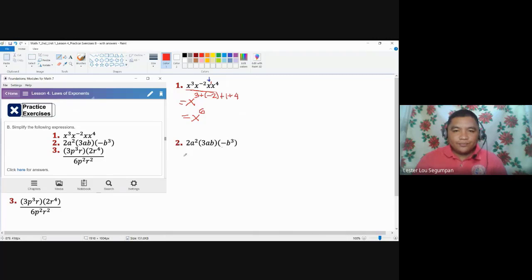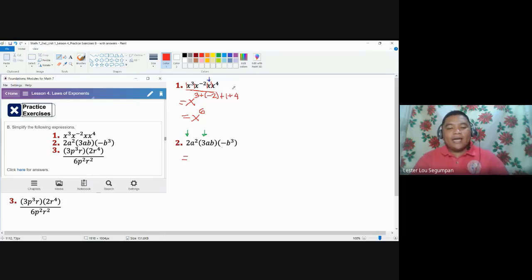In number 2, we have also three different terms multiplied to each other. The term 2a squared, the term 3ab, and the term -b cubed. As you have noticed, we have here the presence of numerical coefficients aside from 1. In the first given, we could assume that the numerical coefficient here is 1: 1x cubed, 1x to the power of -2, 1x, 1x to the power of 4.